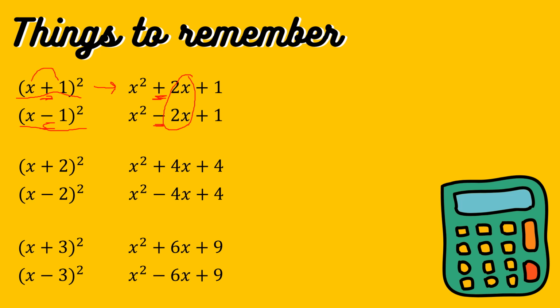So x times 1 is x times 2. That's 2x. Same for the other perfect squares. So x times 2 is 2x times 2 is 4x. Next one, x times 3 is 3x times 2 is 6x.